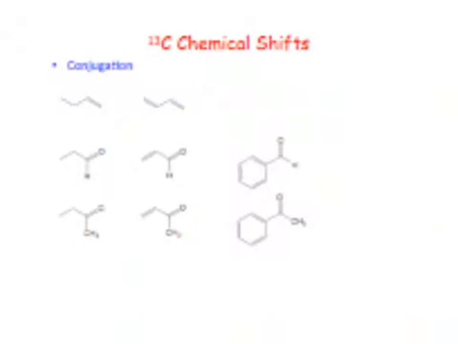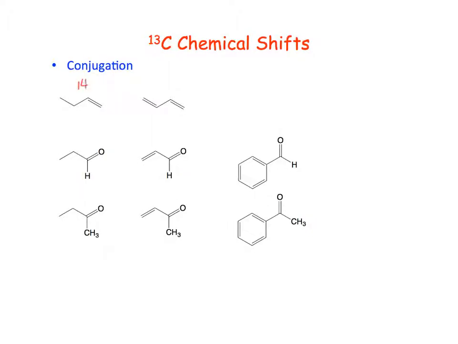All right, so conjugation also affects, so this is kind of a resonance effect. But if we looked at some double bond chemical shifts, for just this terminal alkene, it's about 140.2 for the interior one and 112.8 for the terminal carbon.